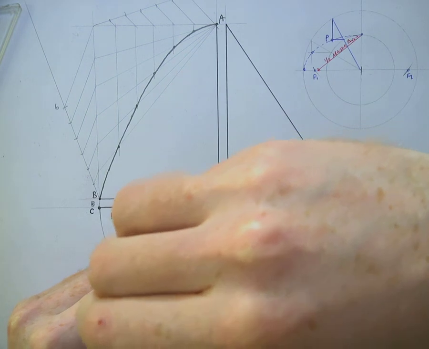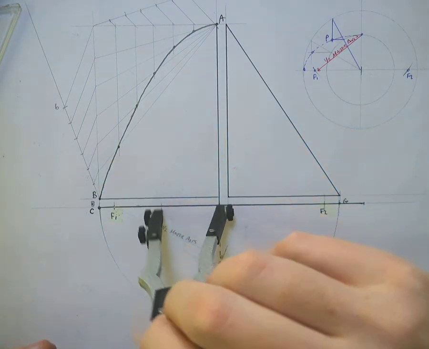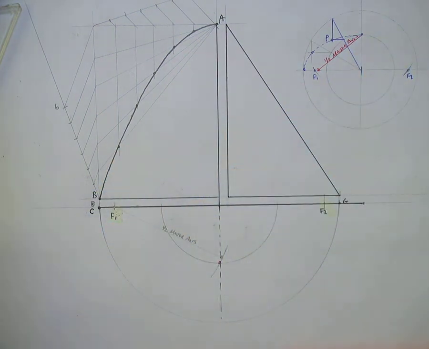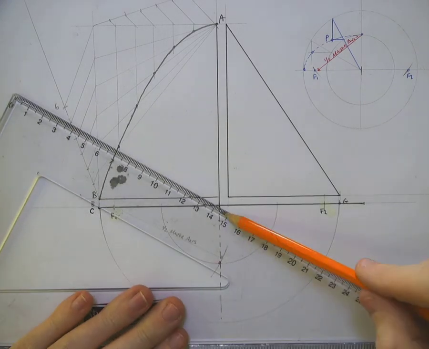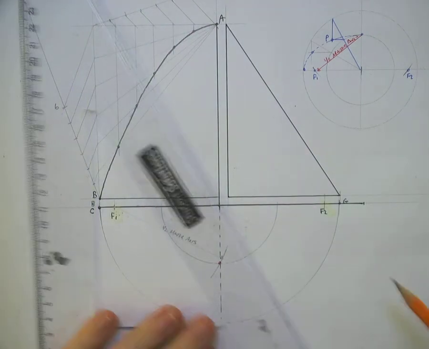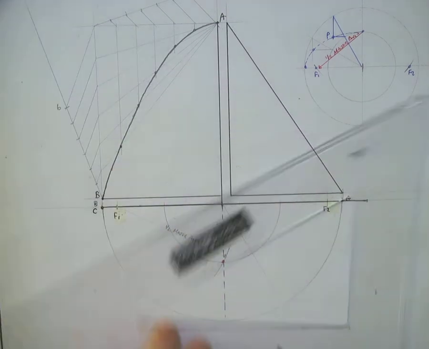Once I have that done, there we go. I suppose what's up next? I need to draw in the ellipse. So divide it up with my 60, 30 degree set square.